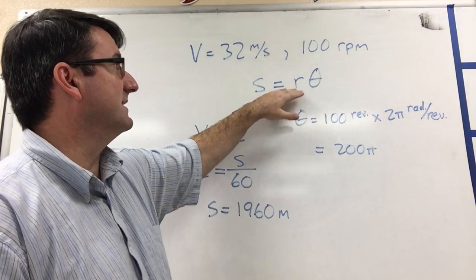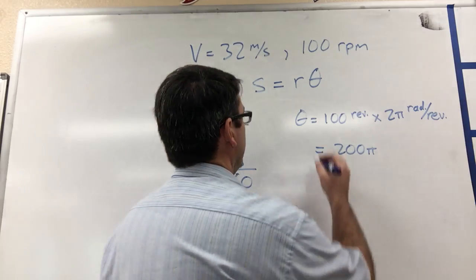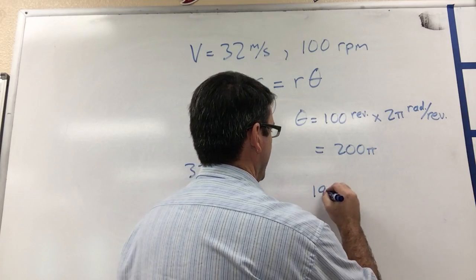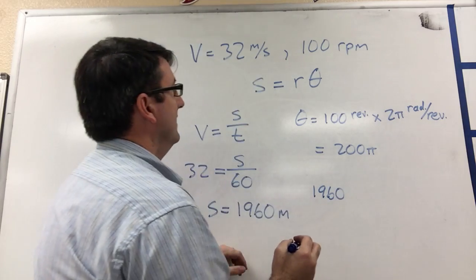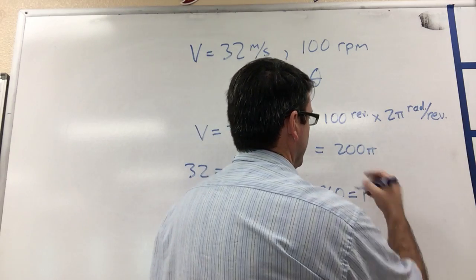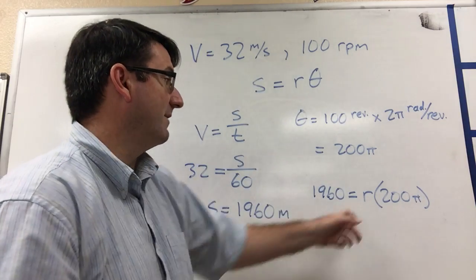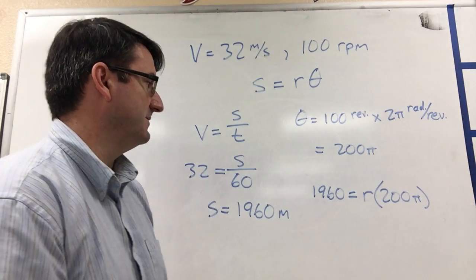So our angle is 200 pi, our arc length is 1,960 meters, and now we have all the information that we need to plug into this formula and find our radius. So the arc length, S, is 1,960, and that's equal to the radius times the angle, which is 200 pi. And now to get r by itself, we divide both sides by 200 pi.